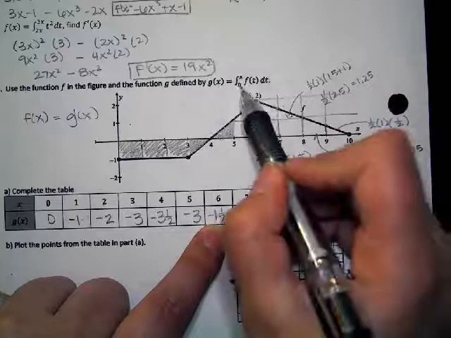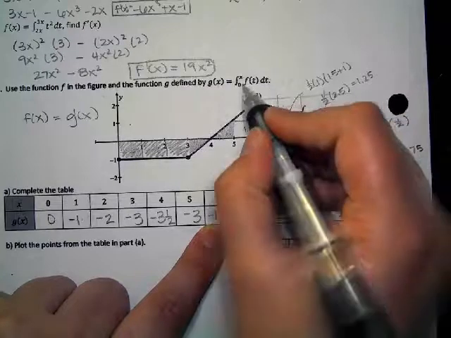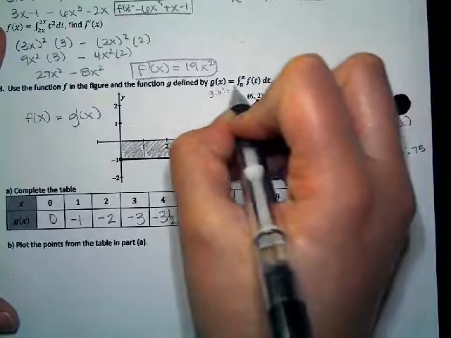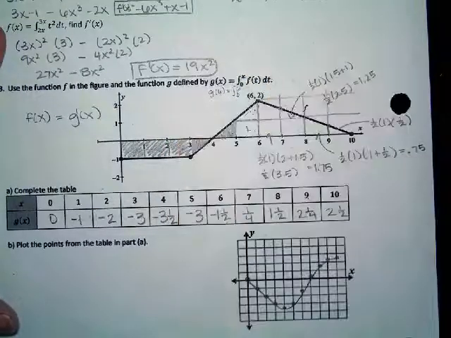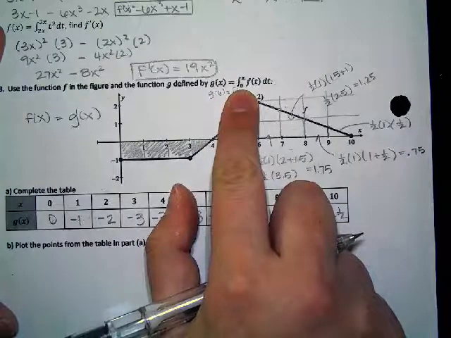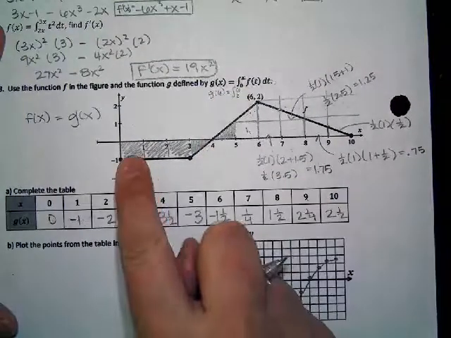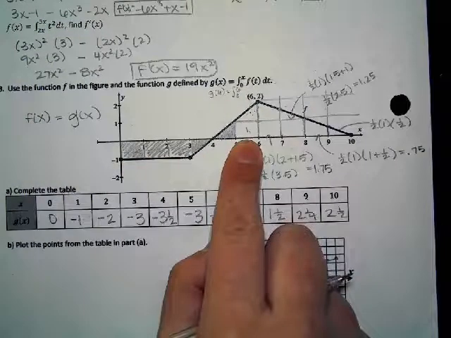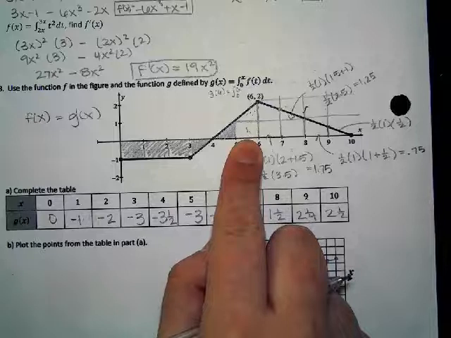Because it says it's the area. So if I want g of 6, then that's the area from 0 to 6. And the area from 0 to 6 is all these negatives plus some positive. So overall, that's still going to be a negative area. It's just a little bit less negative than it used to be.